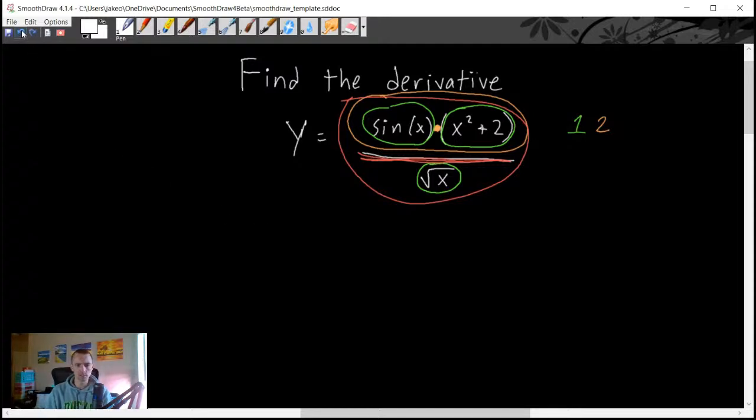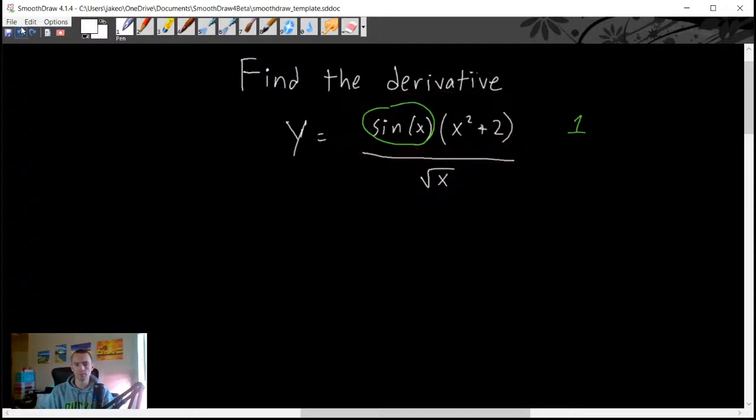So quotient rule says, like I said in the last example, we need to figure out what is the top of our fraction and what is the bottom of our fraction. The top of our fraction is everything on the numerator, and the bottom is everything on the denominator. That's pretty straightforward.